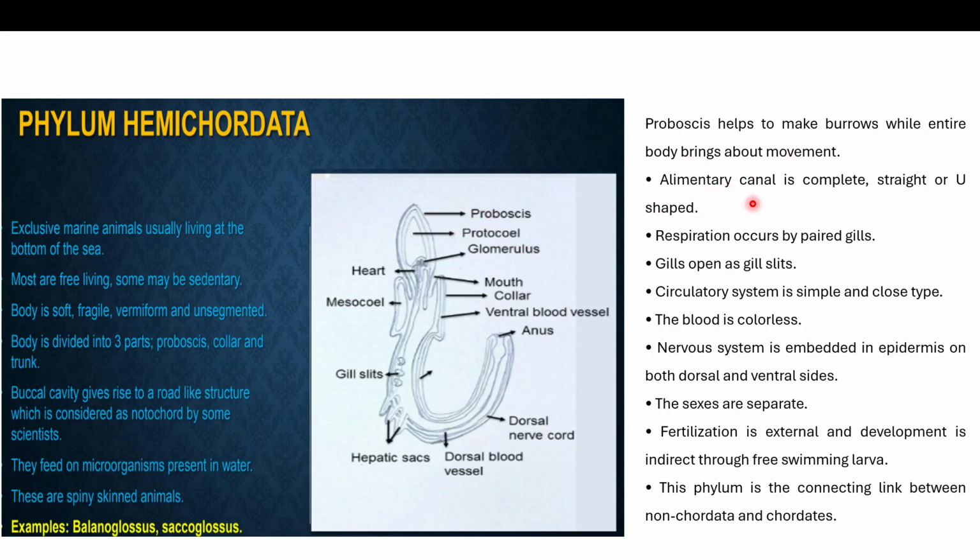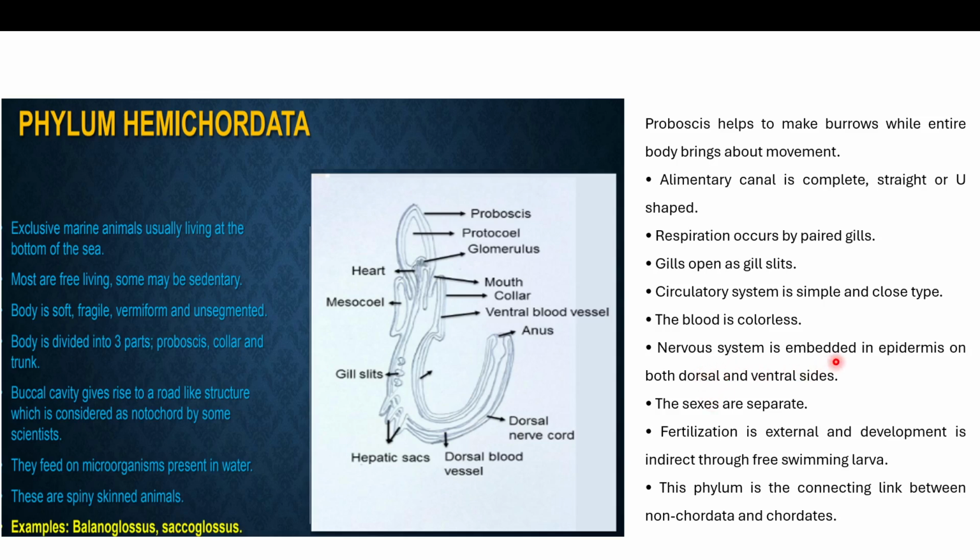There's the alimentary canal, which is complete, straight or U-shaped. Respiration occurs by paired gills. There are gill slits as well, via which the gills open out. Circulatory system is simple and of closed type. Blood is colorless.